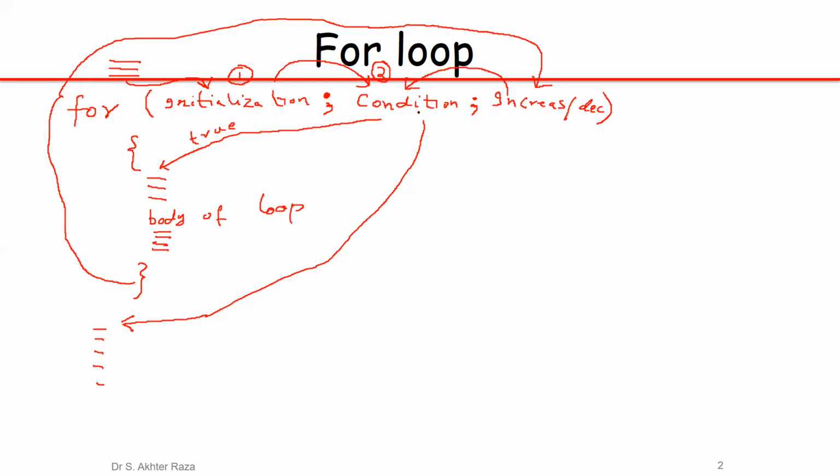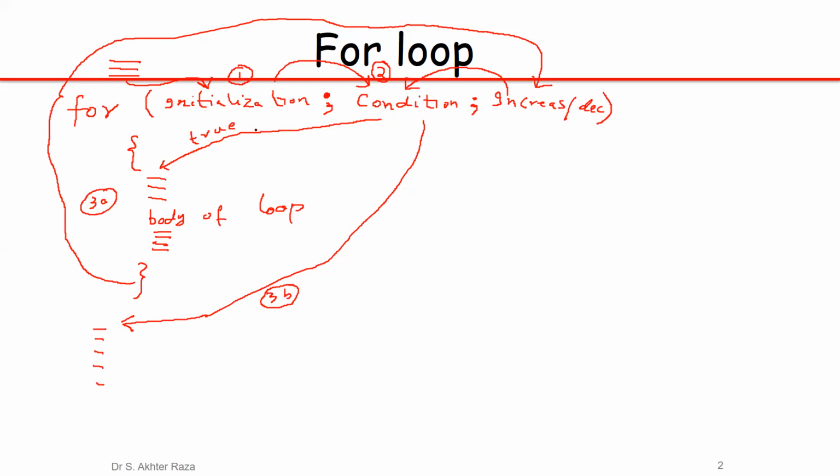If the condition is false, then this is 3B. 3A is executed if the condition is true, 3B is executed if the condition is false.